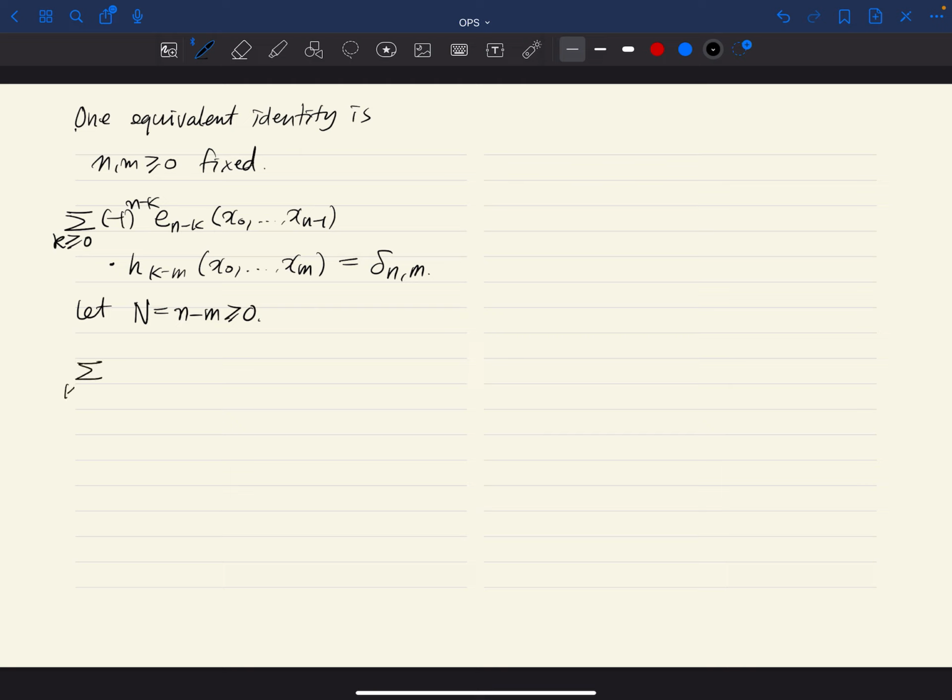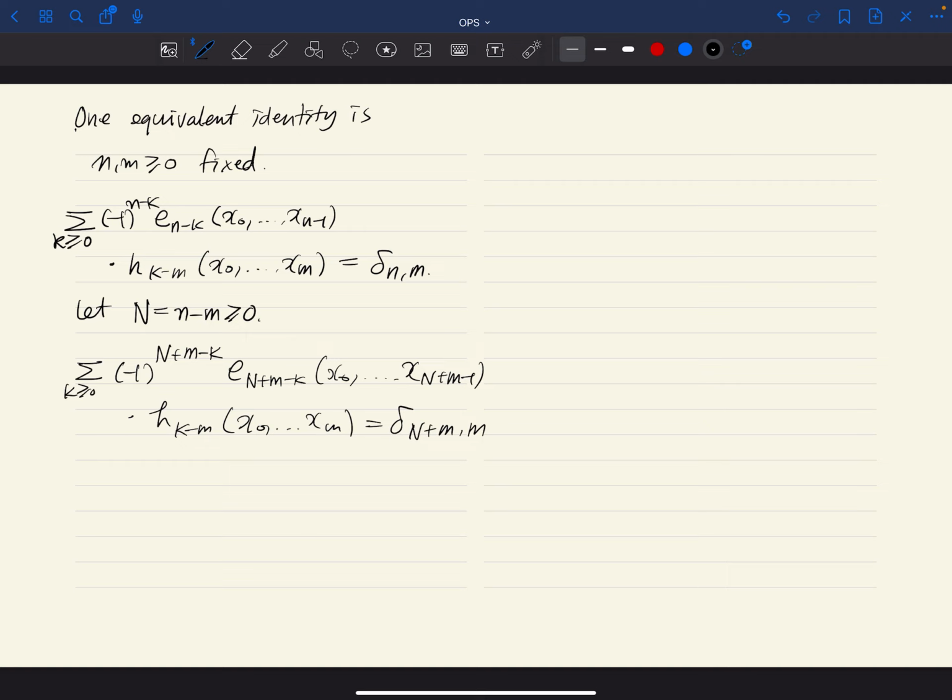Then the small n will be replaced by capital N, so n plus m minus k, n plus m minus 1 times h_{k-m}, capital N plus m comma m, right?